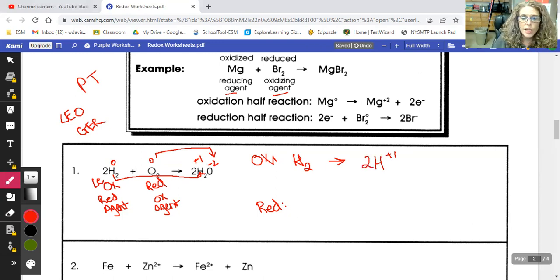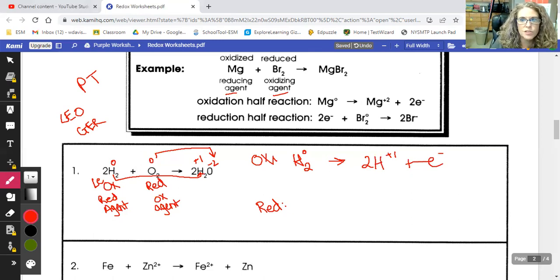All right, so hydrogen goes from 0 to +1. So then from 0 to +1, and I know Leo the lion says grr, so that means I need to lose electrons. So I'm going to put my electrons on the product side, right? So losing electrons, right? So -1s. So now how many electrons are lost, right?